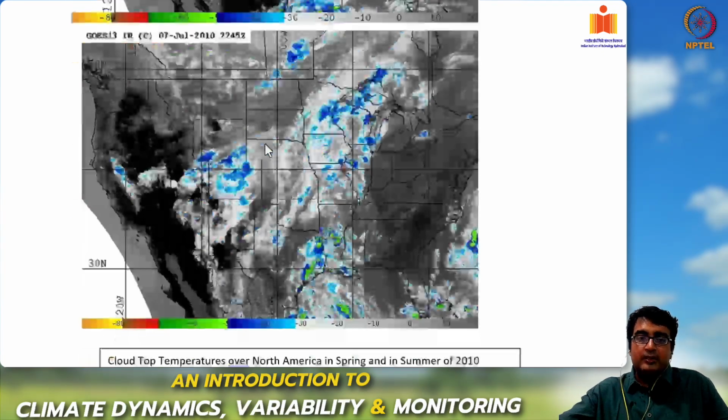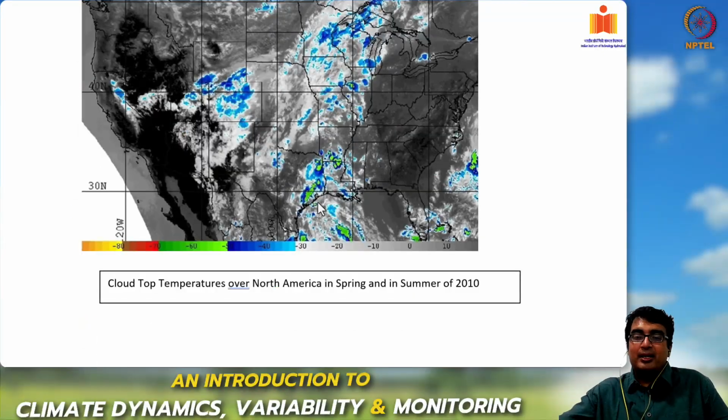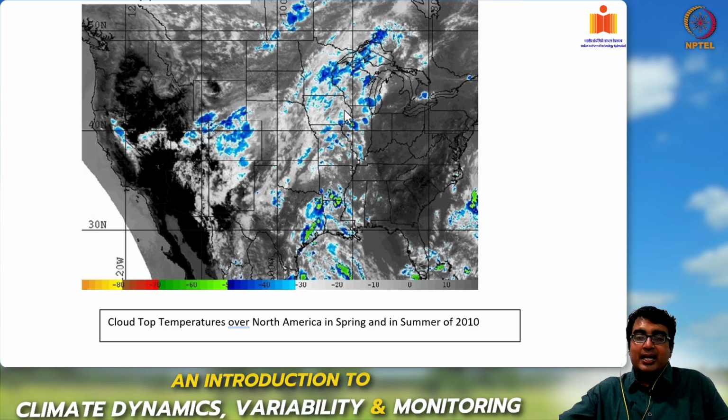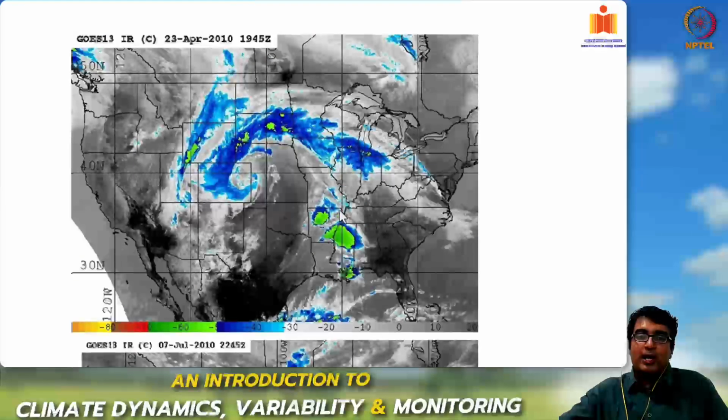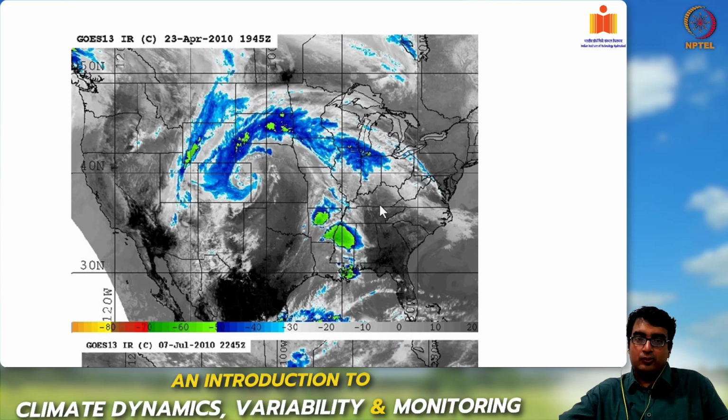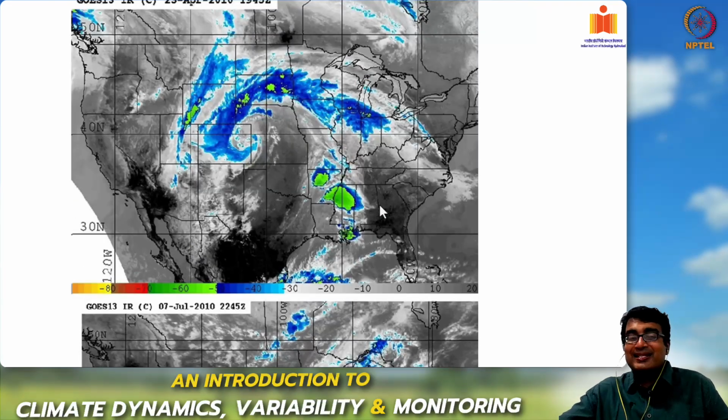This is in spring and this is in summer, another day in summer, and here you can see that a significant fraction of the clouds are in the white band with small amounts of blue and green bands. So, we can see in summer you have more warmer low-lying clouds than in spring, where you have much colder high-lying clouds. So, this interesting information can be obtained from TIR imaging in combination with VNIR imaging.